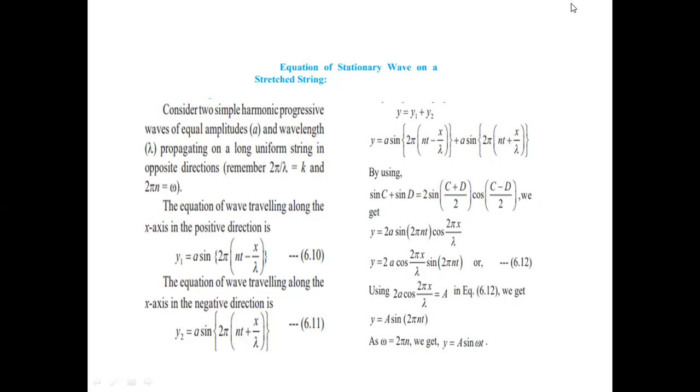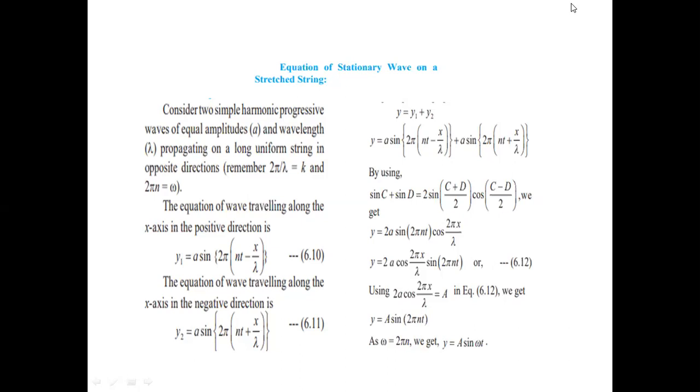That can also be written as y is equal to 2a cos of 2 pi x upon lambda sine of 2 pi nt. Now here we can substitute 2a cos 2 pi x upon lambda as capital A. Then the above equation becomes y is equal to capital A sine of 2 pi nt.